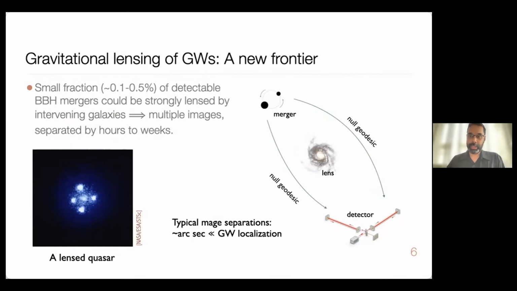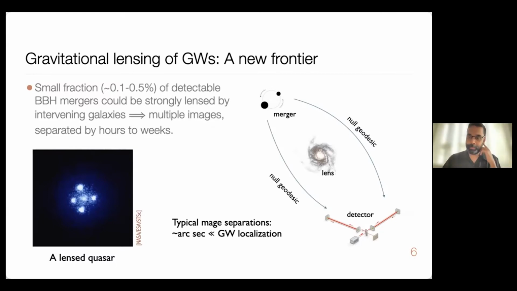And these will create multiple images of the observed signals. Depending on the nature of the source and the nature of the lens, whether these are galaxies or clusters, these so-called multiple images would arrive at the detector at different times, separated by time delays of minutes to weeks or even months in the case of cluster lensing.